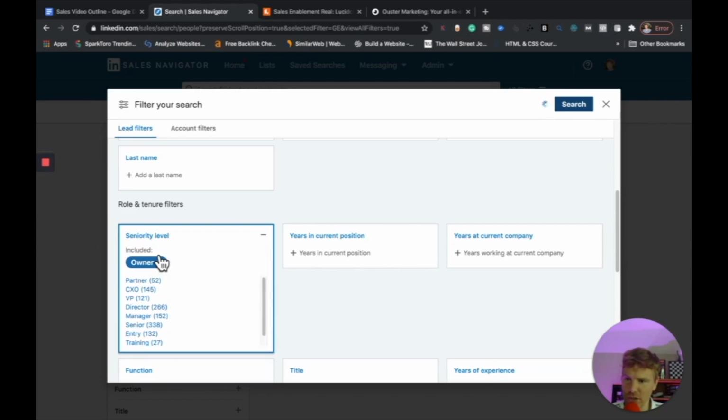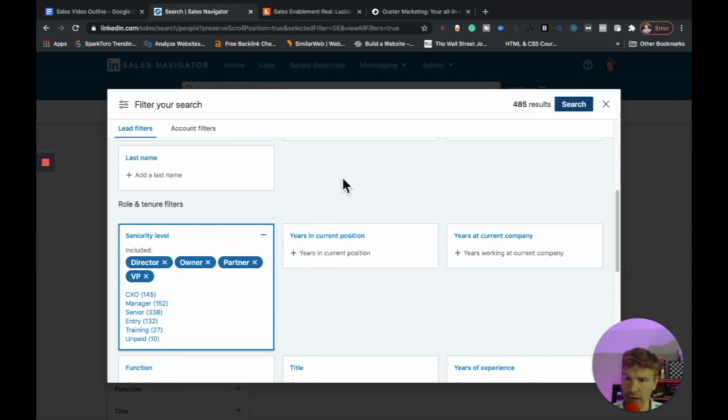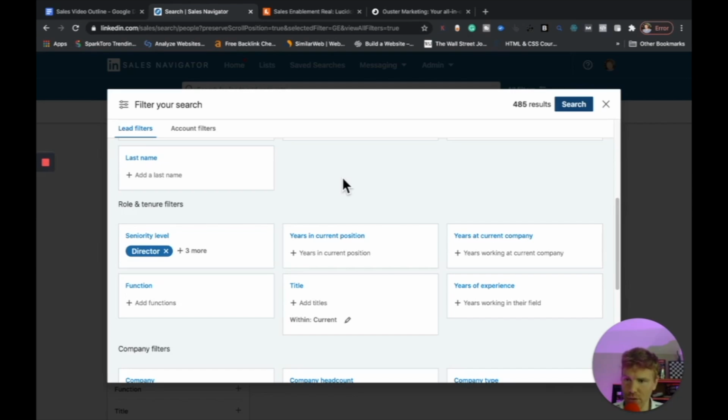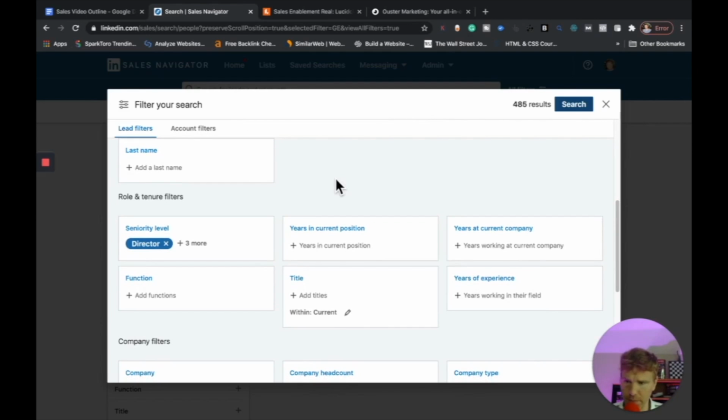So I can start to look at owners, partners, maybe directors, VPs, right? And this is not super granular. This is not something I would do. Once again, I'd probably do one thing per category because I like to target really specific people. But this is, once again, just to give you an overview.